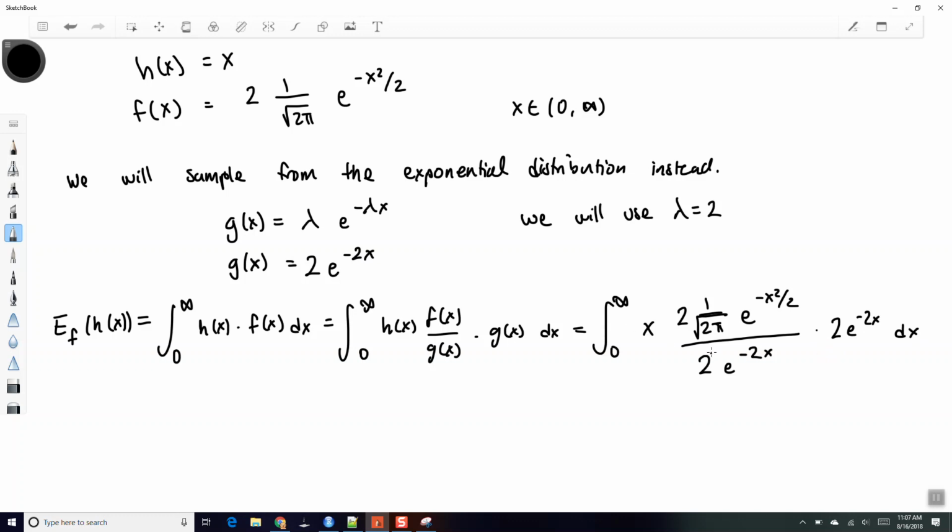All right, so some terms cancel, and this will become the expected value of h of x f of x over g of x applied over the distribution g of x.